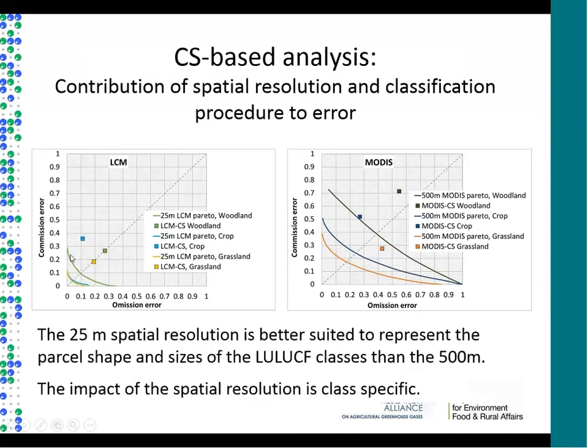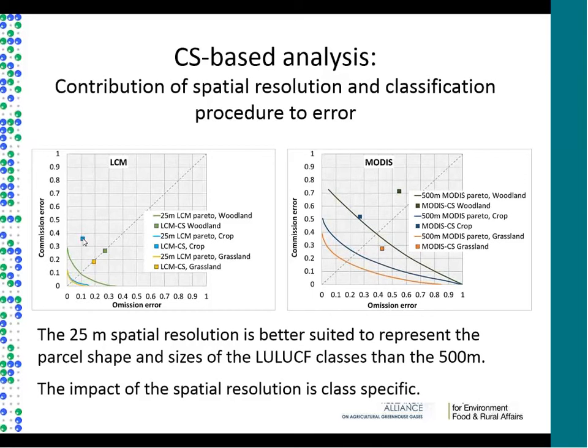So we looked at woodlands in the green, crops, and grasslands in the yellow. On the right, the colors are the same, but slightly darker. So darker green for woodland, darker blue for crop, and darker orange for grasslands. The dots show the class-specific commission errors found for the UK land cover map on the left and for the MODIS land cover on the right.